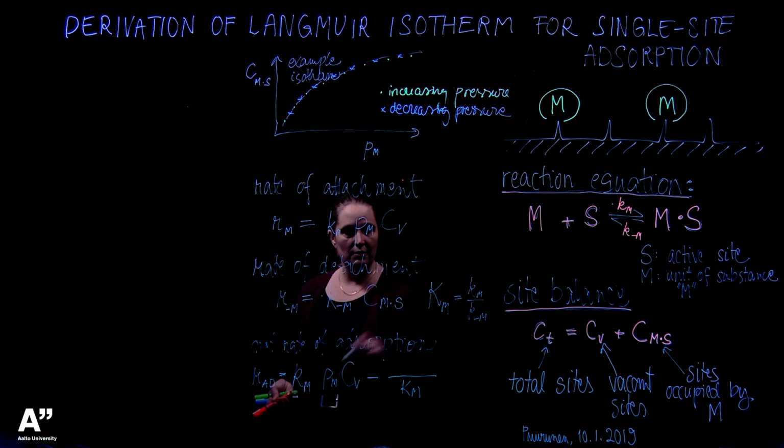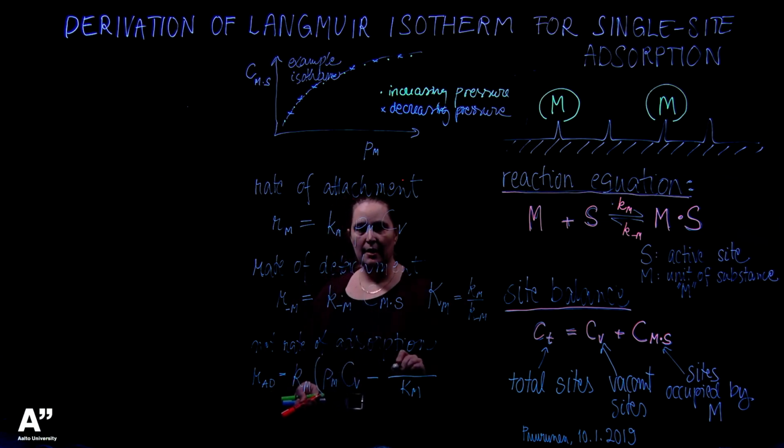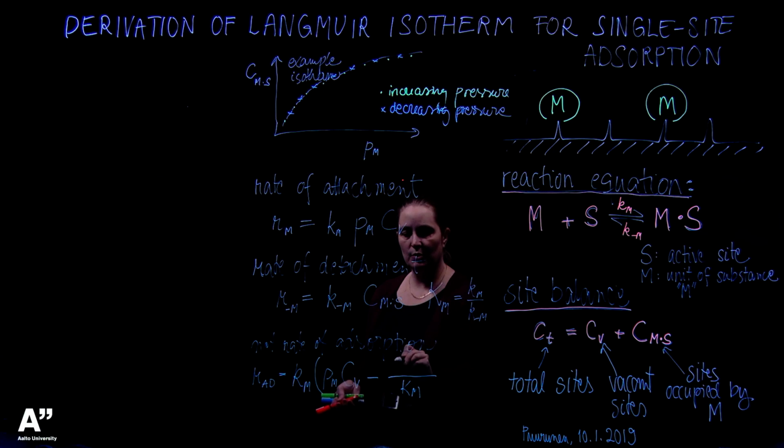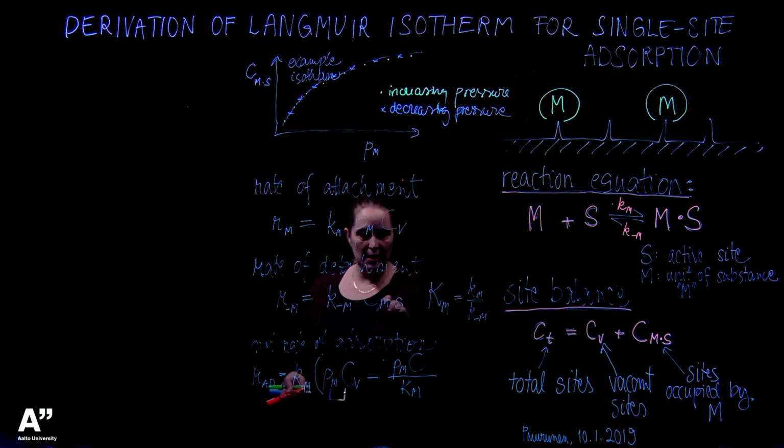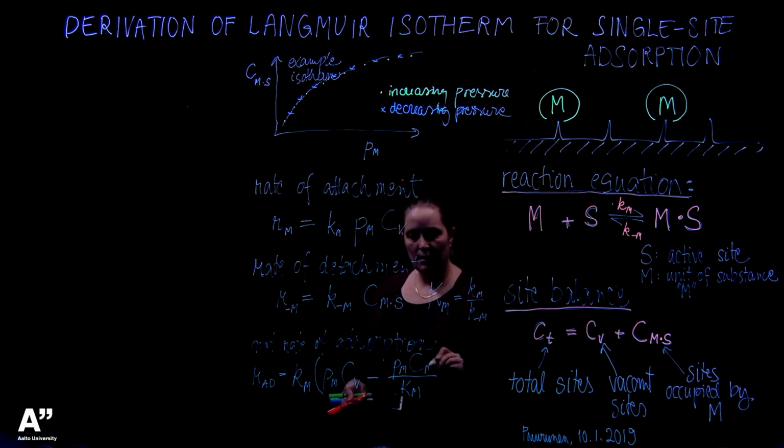And I will take care of this k by putting it to the front. And then what we have left is the partial pressure times concentration of vacant sites. No, CMS, I'm sorry. Concentration of occupied sites.